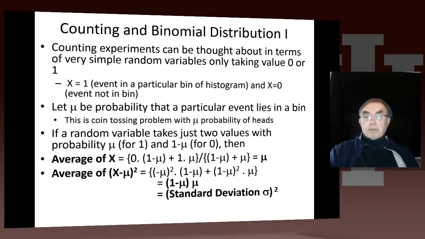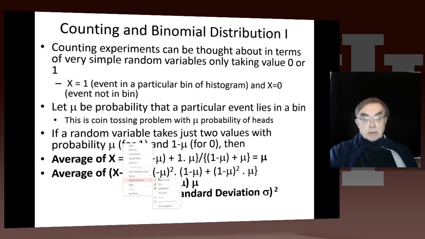And we've already pointed out many times that the histogram case is of that type: x equals 1 is that the particular event is in a bin in the histogram, and x equals 0 is that it is not. So 1 and 0.